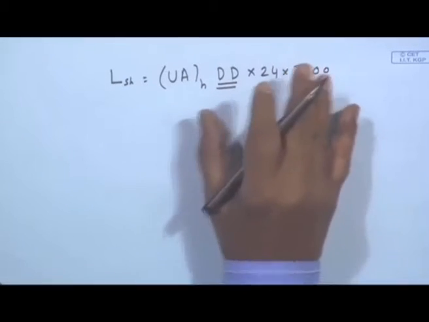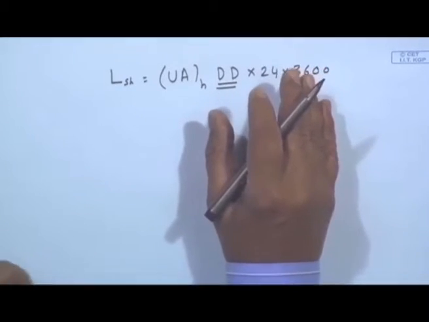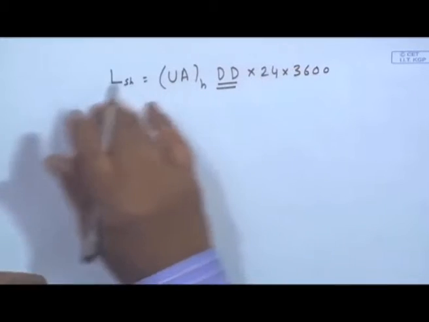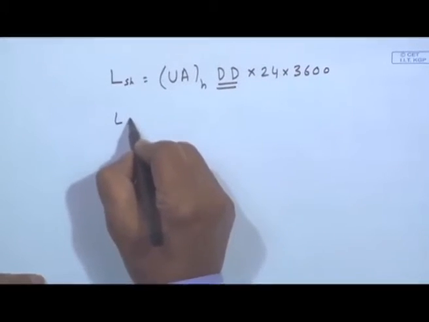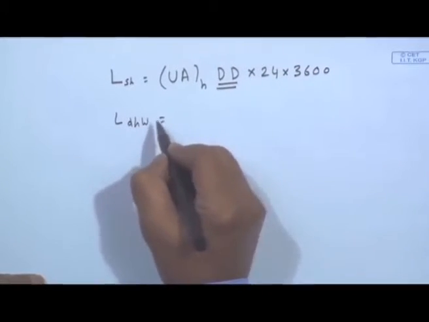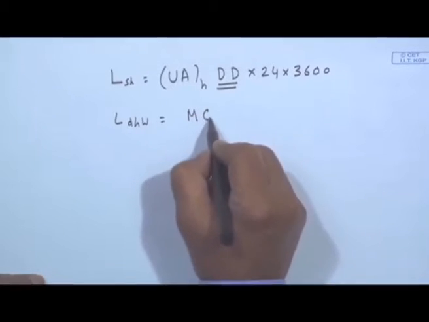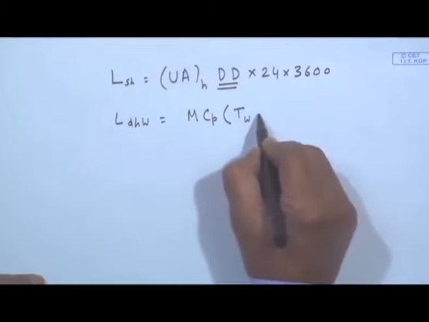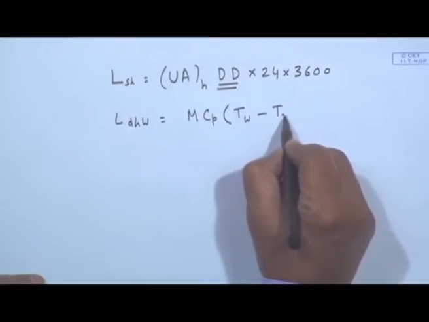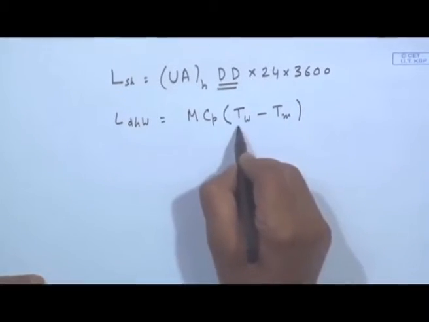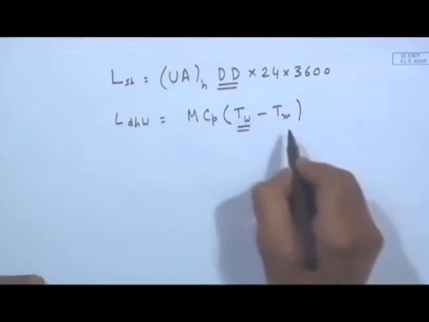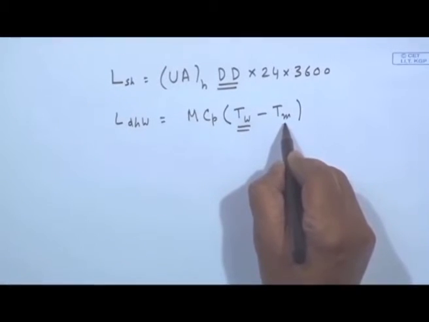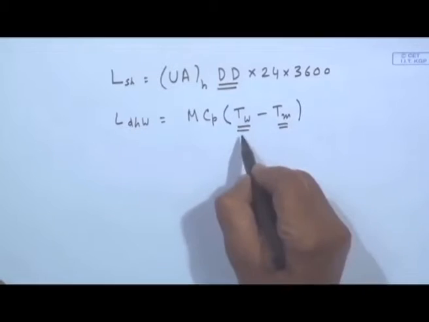The deficit is indicated by degree day irrespective of the method of evaluation, and then domestic hot water requirement load will be the mass of the water that you require multiplied by the specific heat into TW minus Tm, the temperature at which water is desired minus the temperature of the mains, the supply temperature.